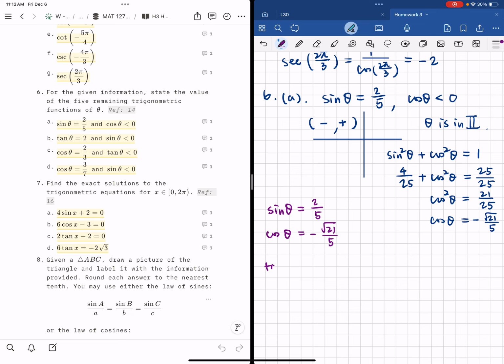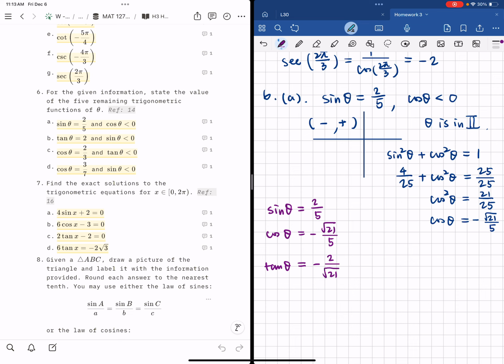And then tangent will be the ratio of these two. I'm going to tell you a little trick. When you do the ratio of these two, notice that they have the same denominator, so it's basically dividing the numerators. So it would be negative 2 divided by radical 21.